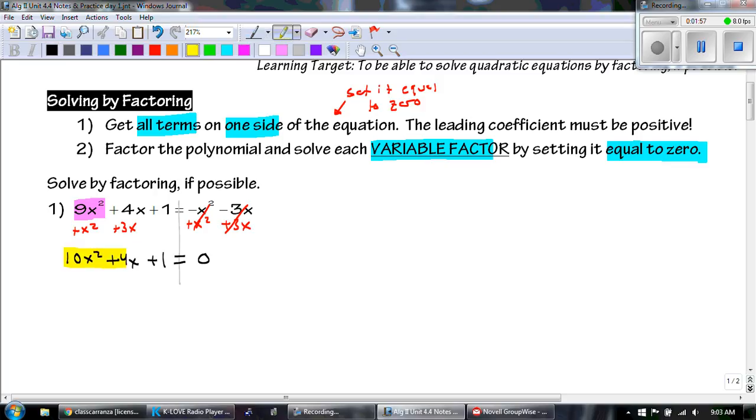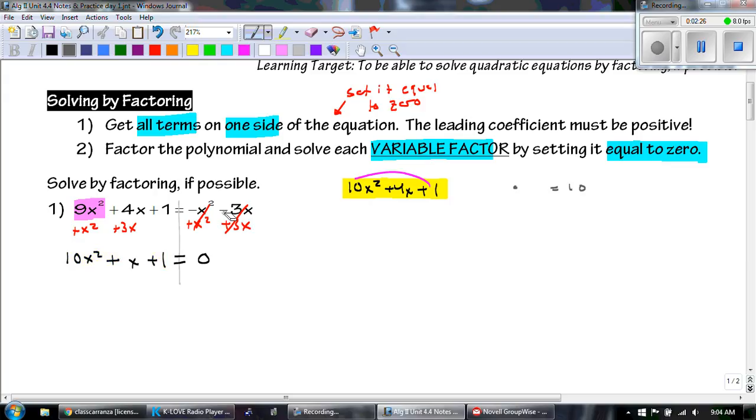So what we do is take this and bring it over here. I have 10x squared plus 7x plus 1, and I want to factor this. So I'm looking for numbers that multiply to get 10. Oh, I know what's wrong.